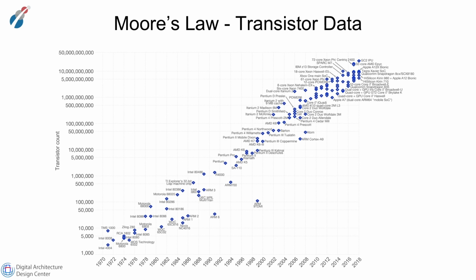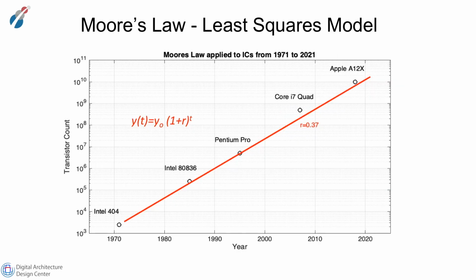This is showing you the transistor count versus year, and each of the dots here represents a particular processor. And notice that it's a logarithmic chart. So we can approximate it, and I just picked a few of the processors. We can approximate it in log space as a linear curve, and it fits quite well.